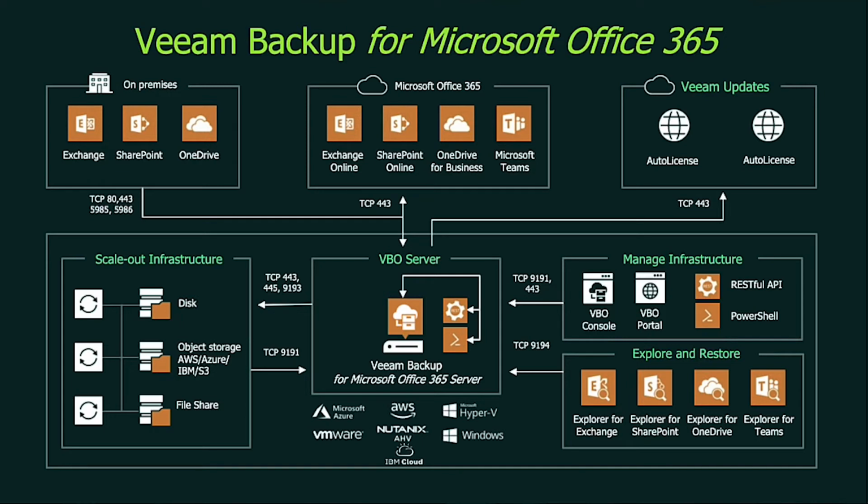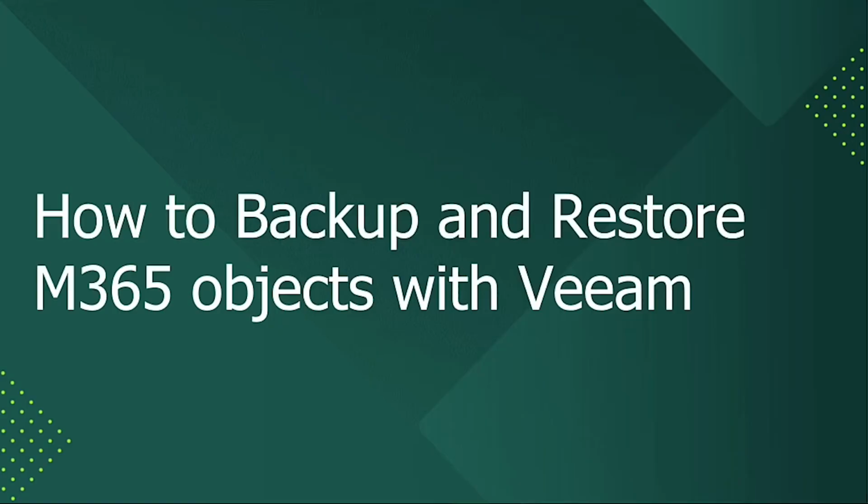You can have a combination of these different repository types for the data types that make sense for your business. This same console can take in a hybrid infrastructure as well as a cloud-only infrastructure for Exchange, SharePoint, OneDrive, and Teams. And then we have explorers for each of these applications. These applications will be covered a little bit more in depth by Edward. And over to you.